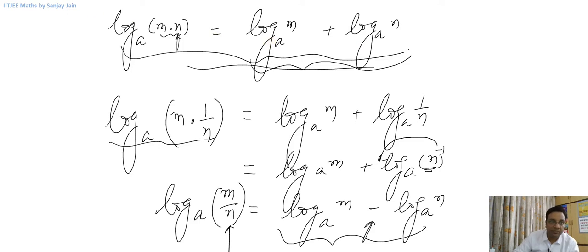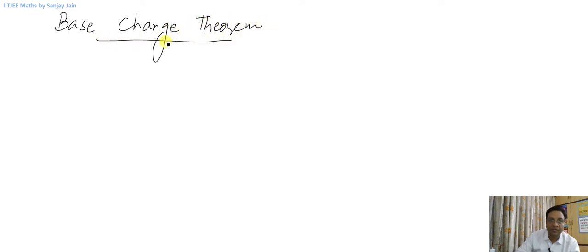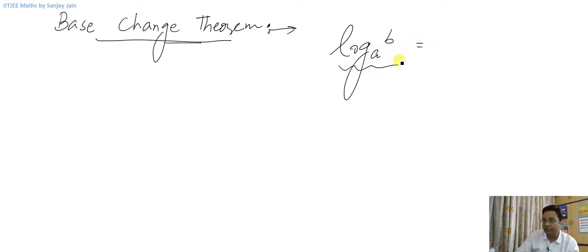Let us move further and talk about a very important theorem in this chapter, base change theorem. Now in this theorem, we can change the existing base to whatever we want, right? It should be allowed, obviously, it should be defined. For example, if I've got an expression like this, log b to the base a, and I want to convert it into an expression that has got a base c.